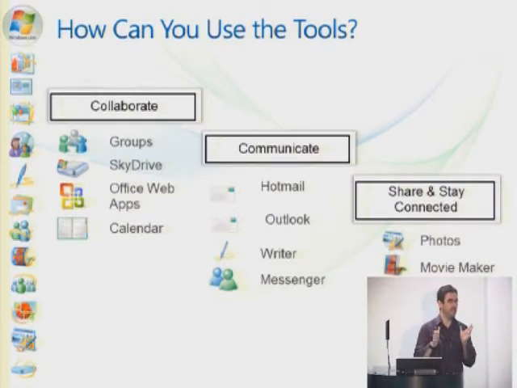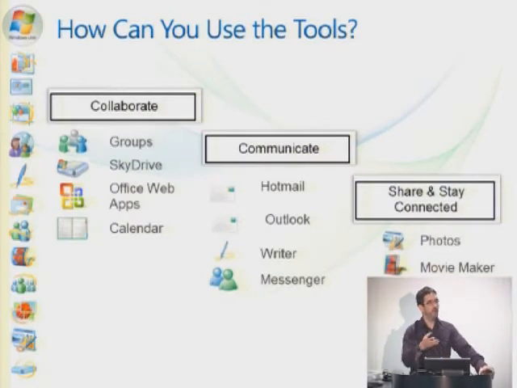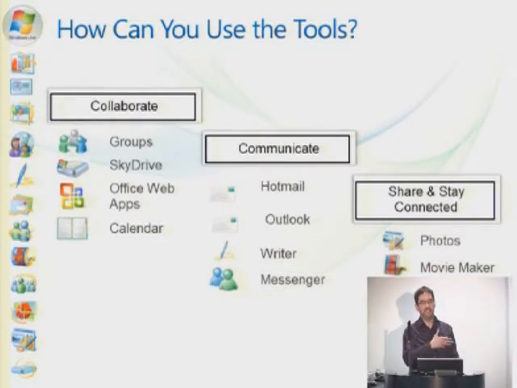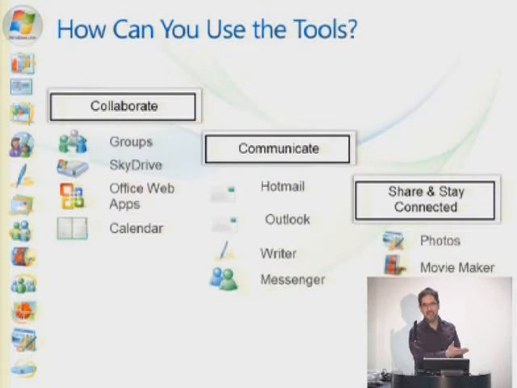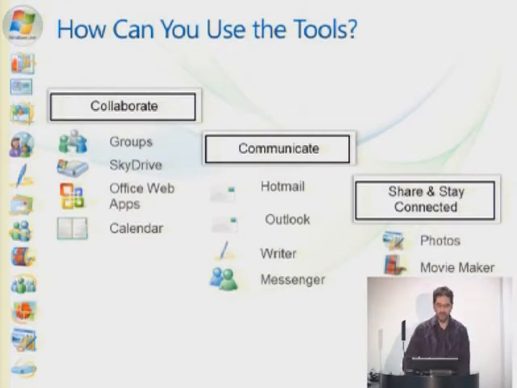If they are used to using Office on their PCs, it's very easy to use these same web apps anywhere they've got a web browser. This works on a Windows PC, a Macintosh, and a Linux PC as well. Anywhere I've got a web browser, I can use these web app tools.